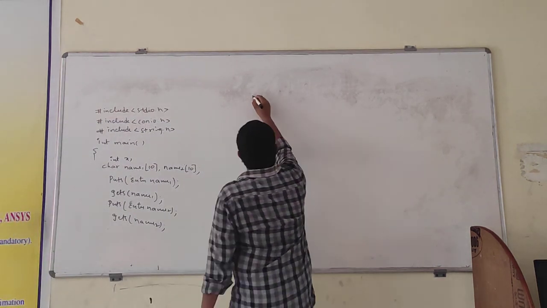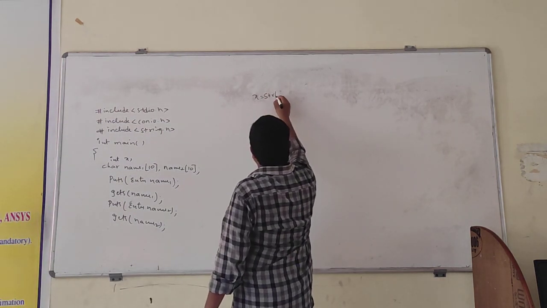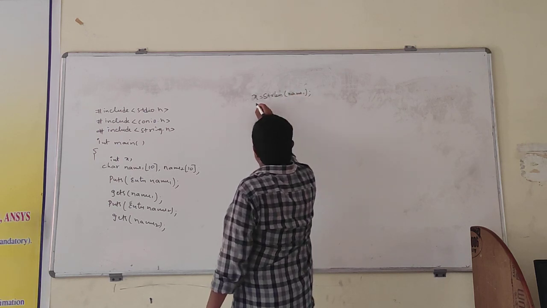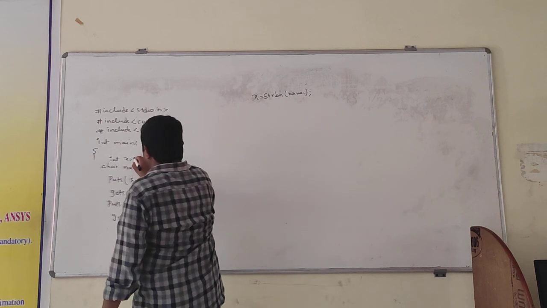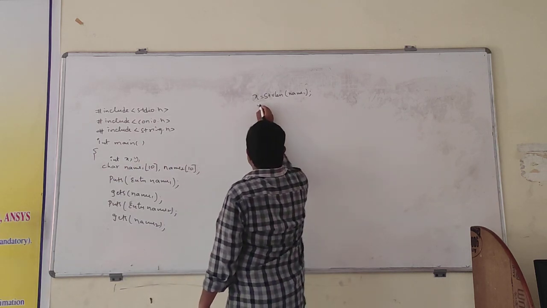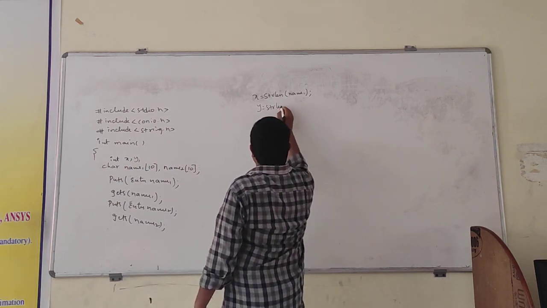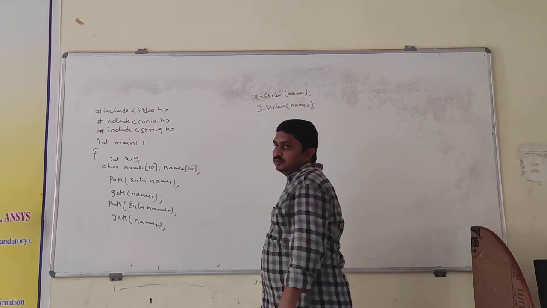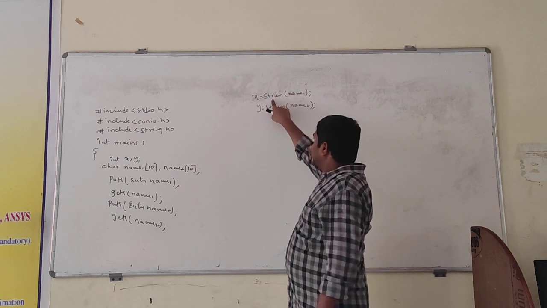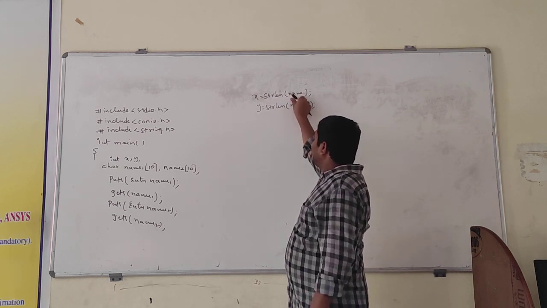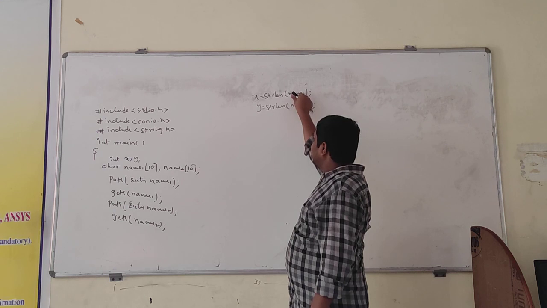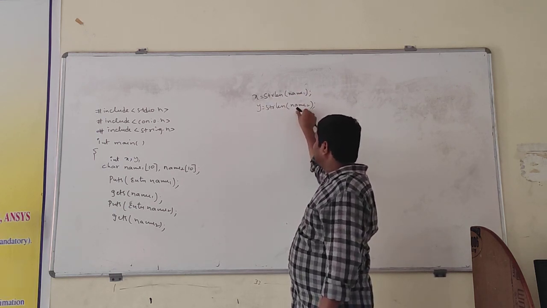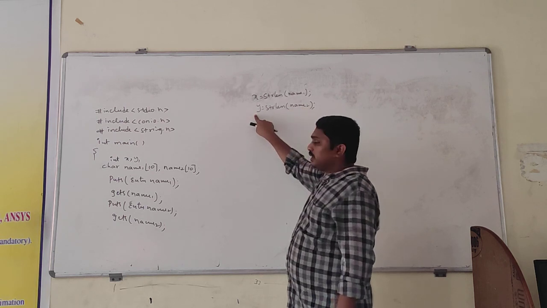So x is equal to strlen of name1, comma y. y is equal to strlen of name2. Here the string length counts the number of characters in name1 and that count is stored in x, and the number of characters in name2 are counted and that count is stored in y.